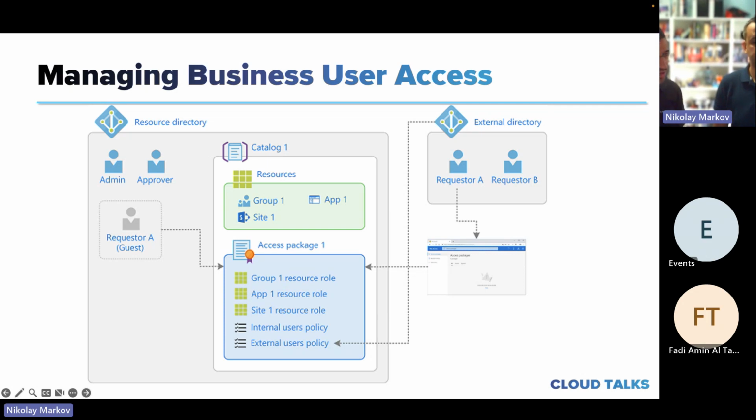Remember that simplicity improves security. When you have complex stuff with a lot of moving parts, you have a bigger exposure. There are some nice features like self-service group management and dynamic groups.